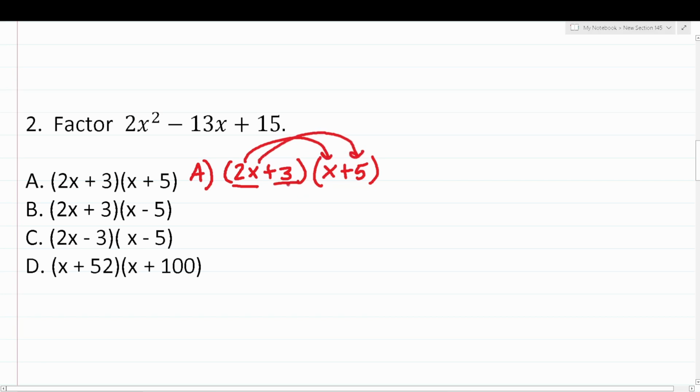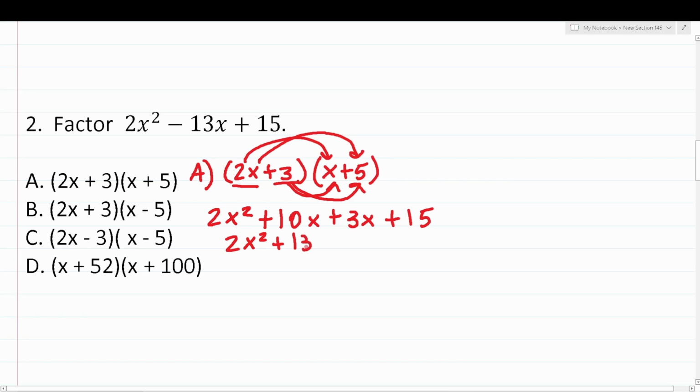And we're going to take this 3 and multiply it here and here. 2x times x is 2x squared. 2x times 5 is 10x. 3 times x is 3x. And 3 times 5, of course, is 15. Let's simplify this by combining like terms. We have 2x squared plus 10x and 3x, which is 13x, plus 15.